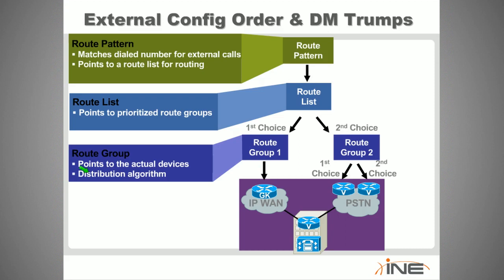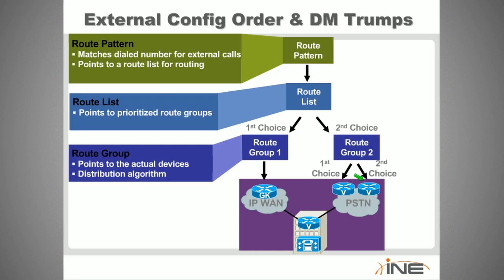The reason for the distribution algorithms, such as circular or top-down, is that we have the ability, although we typically don't use it in the CCI Voice Lab. I wouldn't say we don't use it. I would just say that the majority of our setup doesn't use it, but occasionally we probably will be using it. Route groups certainly have the ability to have multiple types, multiple gateways, multiple trunks.